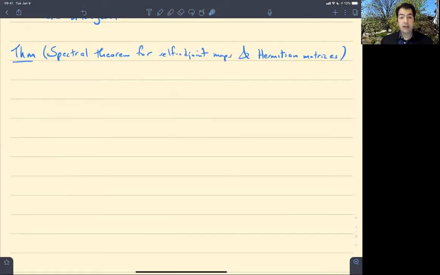I think I've said this before, but let me say it again. Spectral here is because we usually use spectrum to refer to the eigenvalues of a map. It comes from way back when Newton started talking about the spectrum of light, and the spooky aspect of talking about spectra is on purpose.